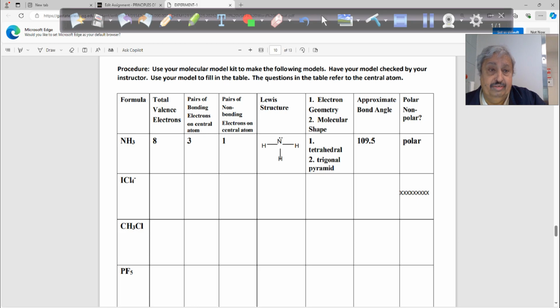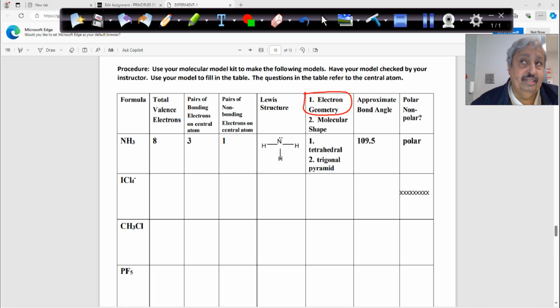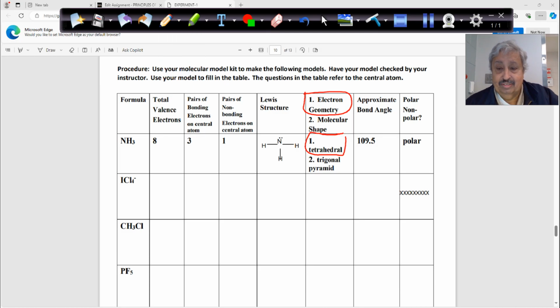There are two things here you have to look at. In the top, number 1, electron geometry, correct? Electron geometry does consider what? The lone pair. So we have tetrahedral. However, the molecular geometry or shape does not consider this lone pair.